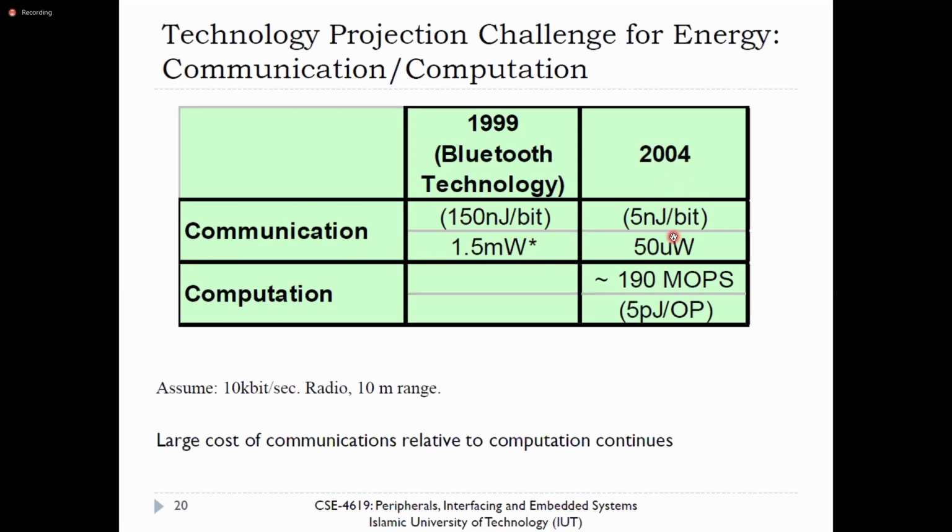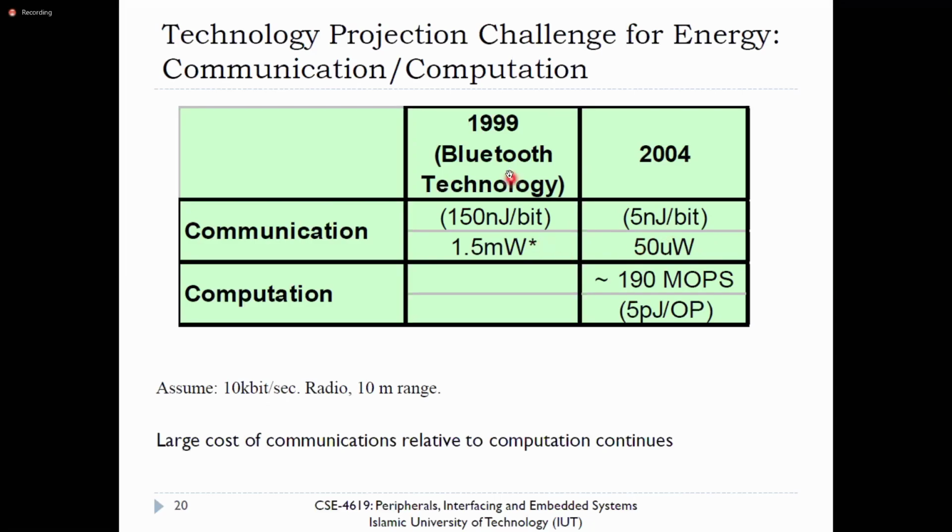In 2004, for typical devices, this is another statistic, around 5 nanojoule per bit. So there is some improvement in between. Another point is 1.5 milliwatt, whereas the power consumption is 50 microwatt.